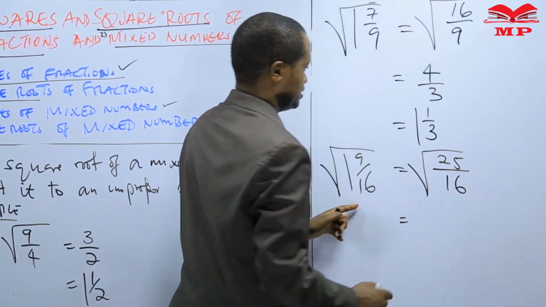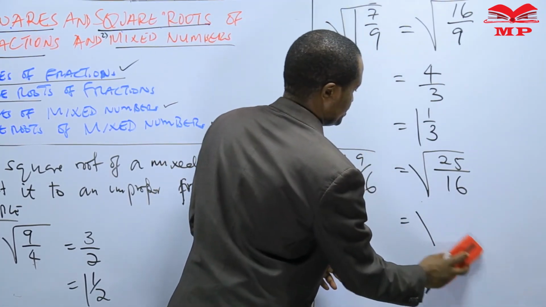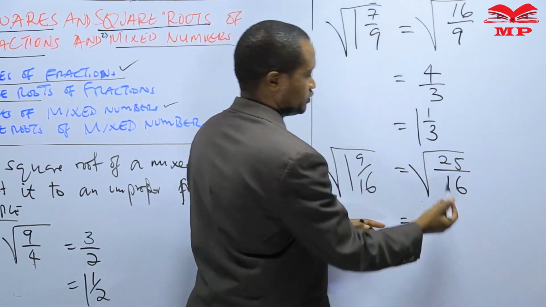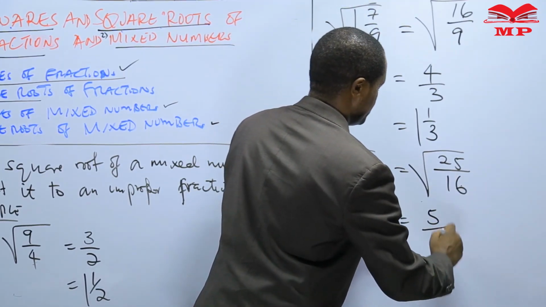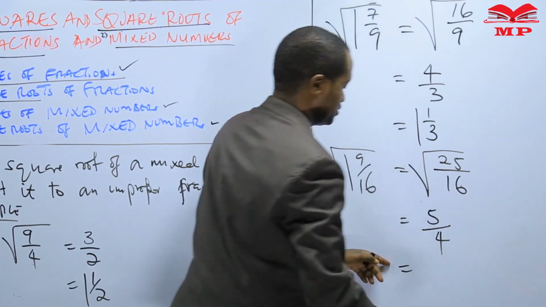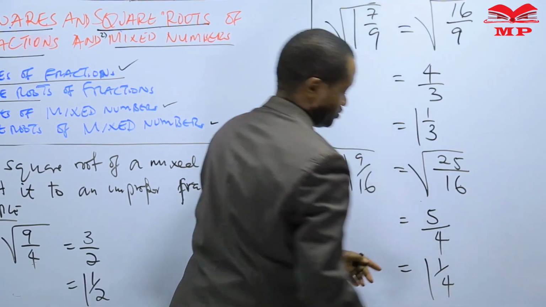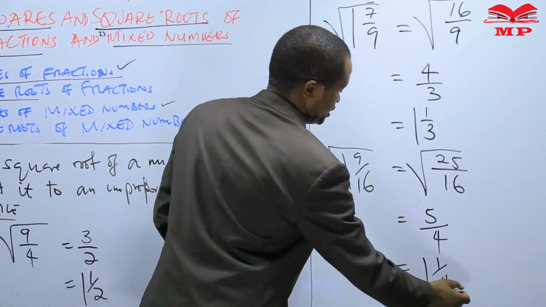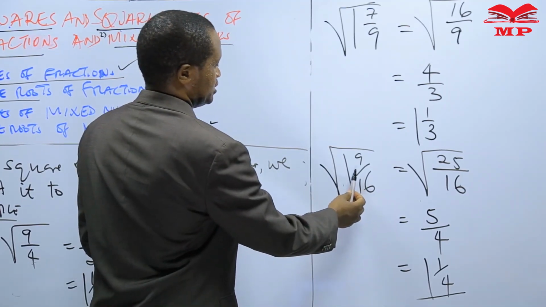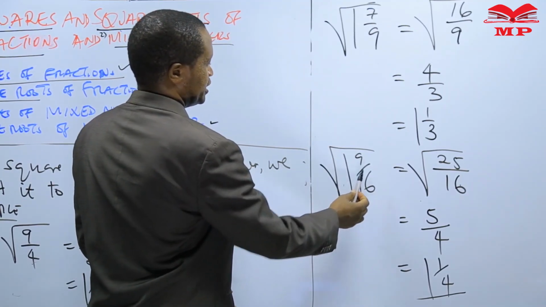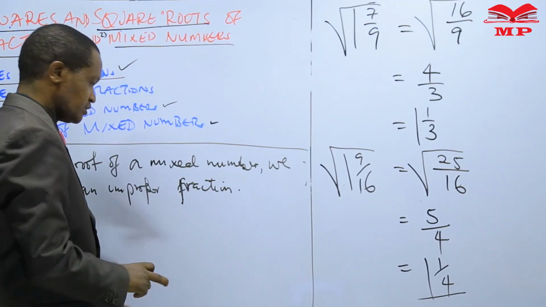Then the square root of 25 is 5. The square root of 16 is 4. This is an improper fraction. 4 goes into 5 once, 1 over 4. 1 and 1 over 4 is the square root of 1 and 9 over 16.